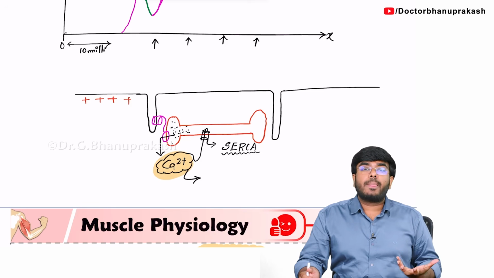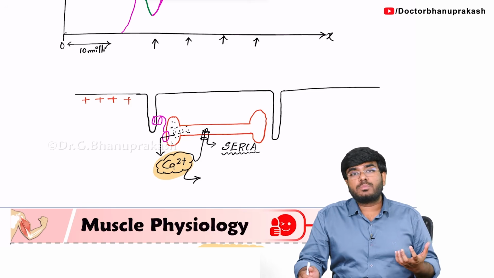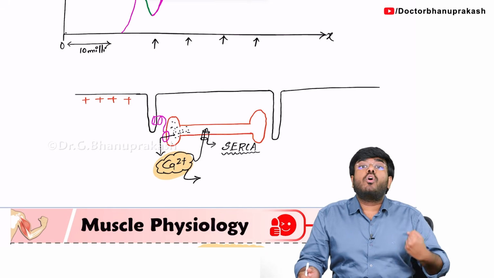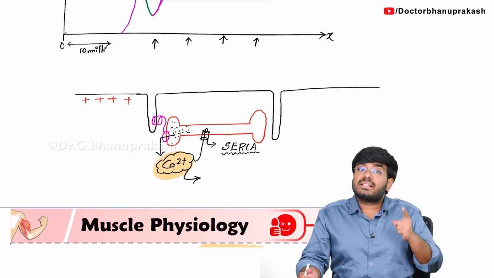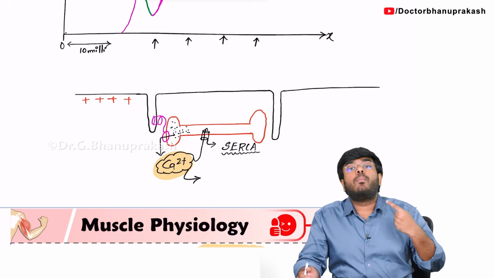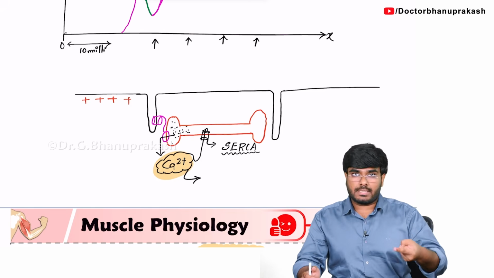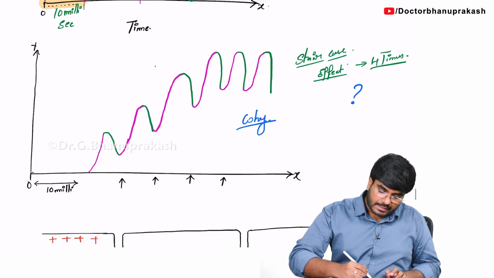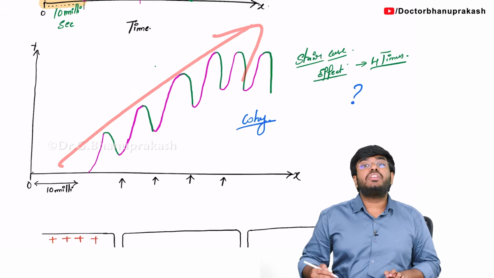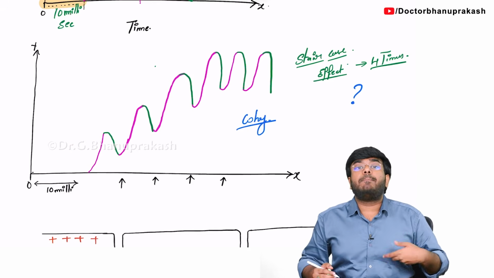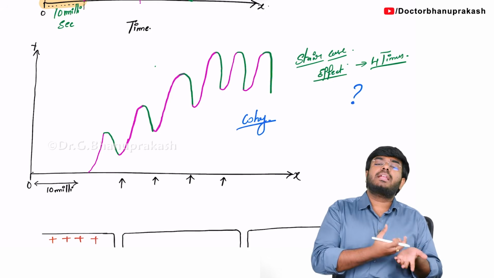This calcium is responsible for the formation of the cross bridges. More force is generated. It's the same motor unit, but more force is generated with the subsequent stimulations. So this is called the staircase effect or the beneficial effect. The motor unit is getting beneficial because the extra calcium is available.